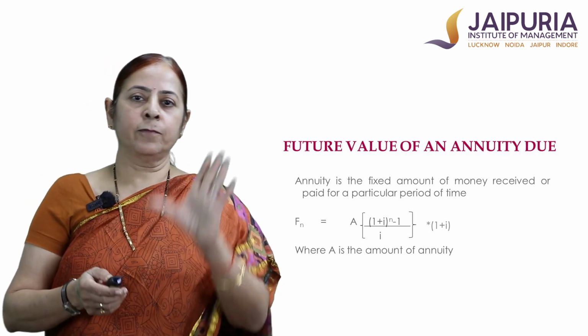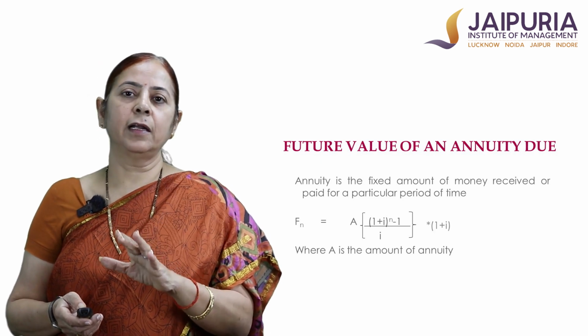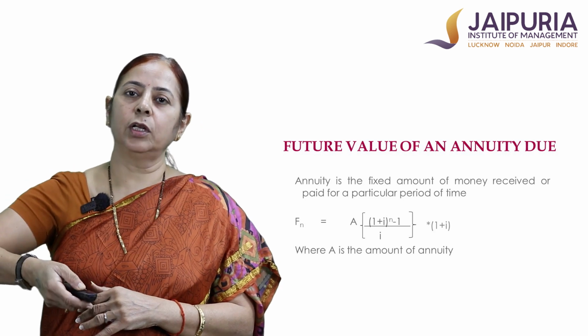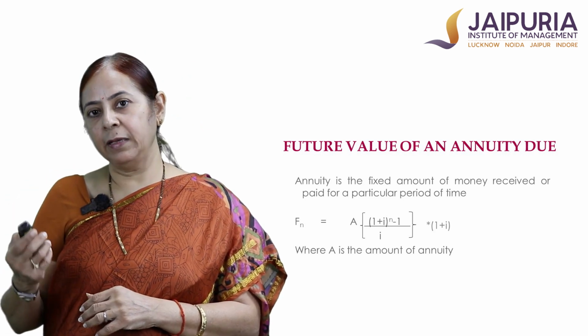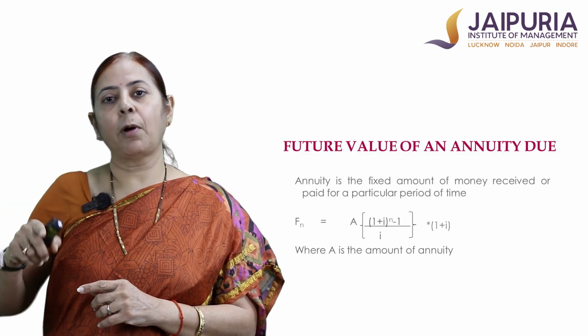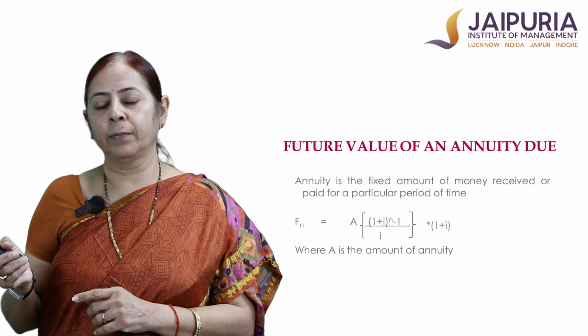How do I do that? Using the same formula, I multiply that with 1 plus i. That means I am giving that 1 year's additional interest. If you remember, in the previous example which I showed you, the last installment doesn't get the interest because the amounts are being deposited at the end of the year.